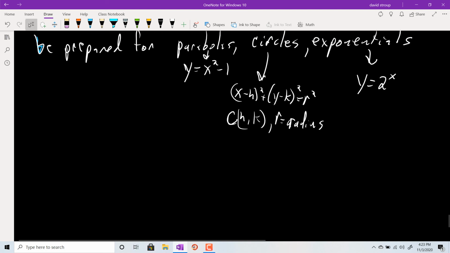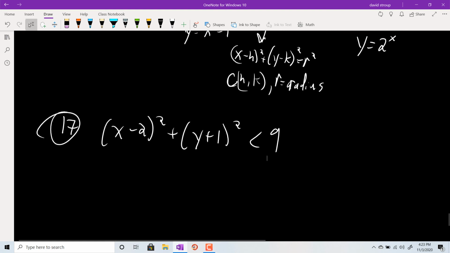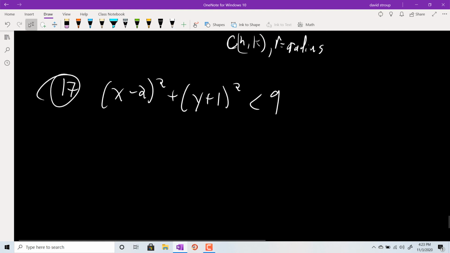Let's try number 17. This one's maybe a little more interesting. x minus 2 squared plus y plus 1 squared less than 9. First off, that inequality tells us a dashed circle. Its center is at 2 comma negative 1, and its radius is not 9, it's 3.